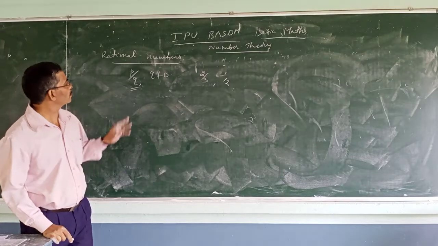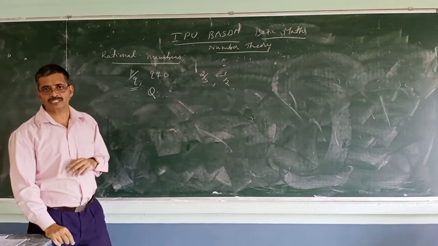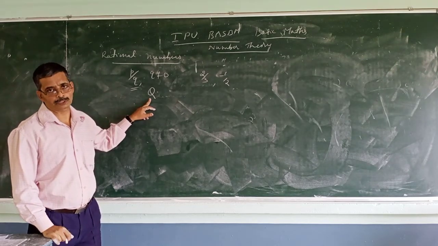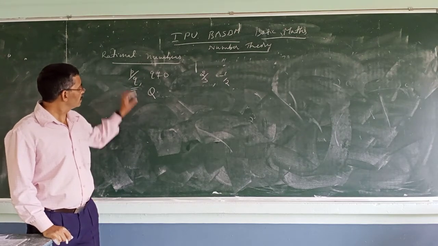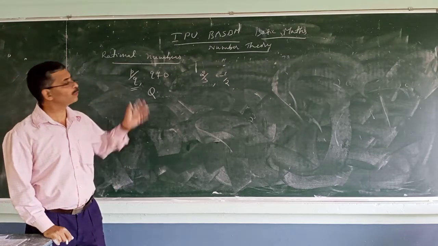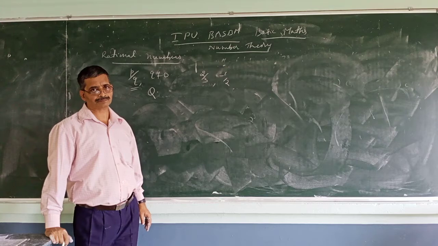The set of rational numbers is denoted by the capital letter Q. So this is about rational numbers: P by Q form, where P and Q are integers and Q not equal to 0. That is the important condition here.